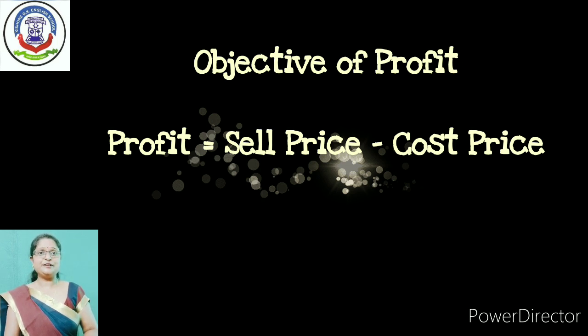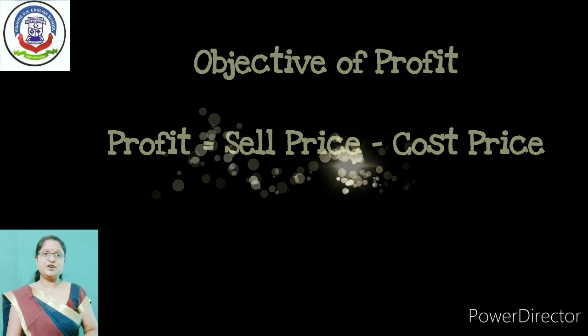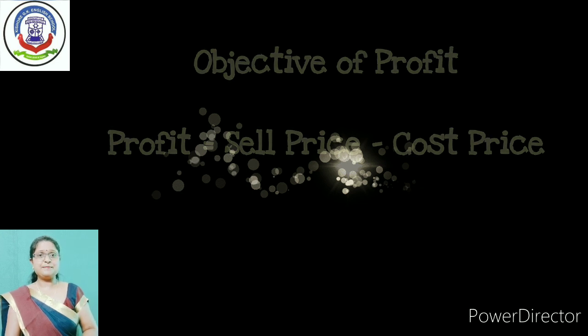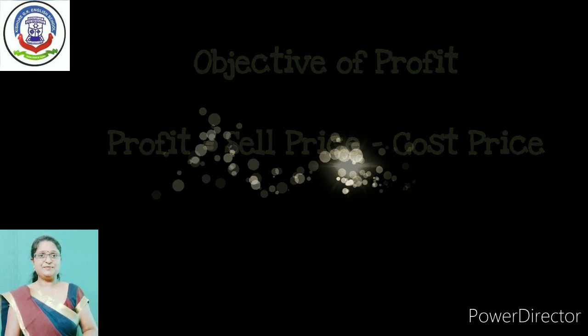Profit is equal to sale minus cost price. The efficiency of business is even measured with the measurement of profit. That's why we can say profit is the parameter of business.